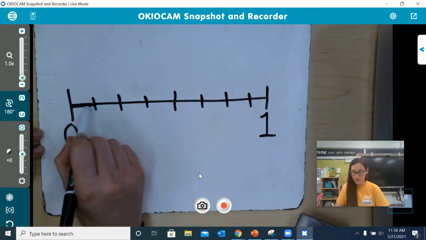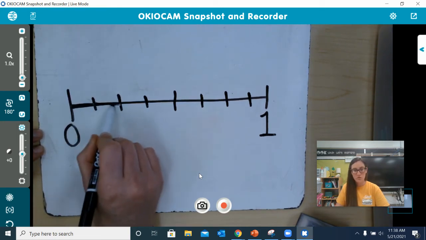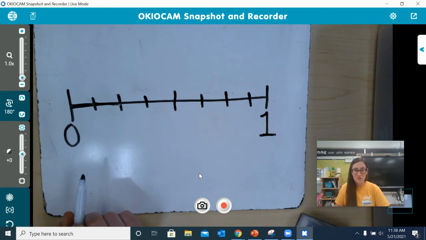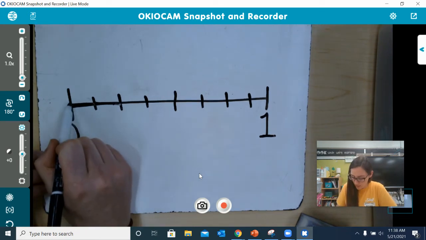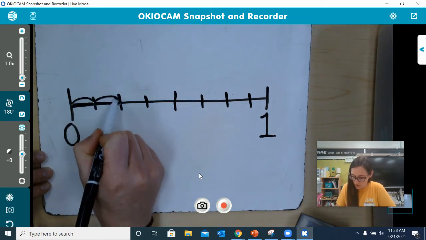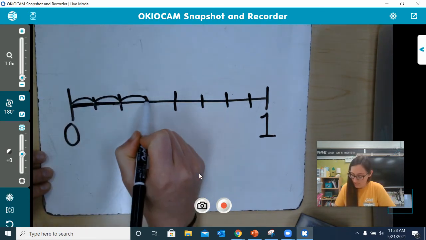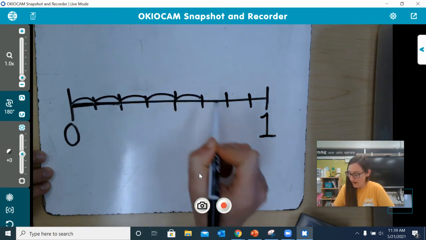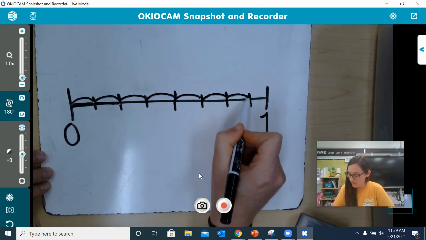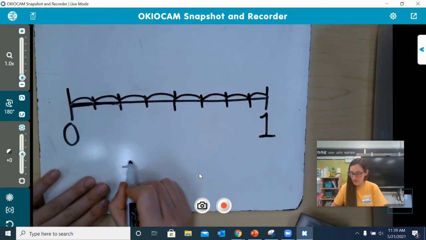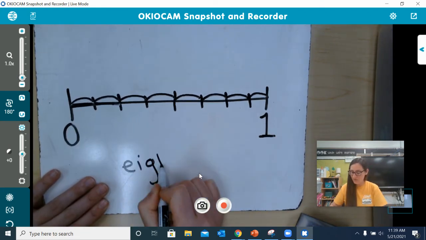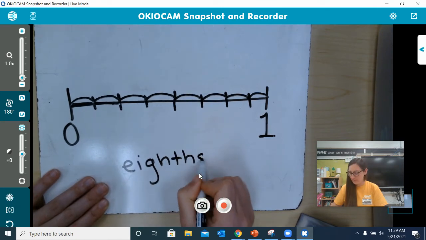So this is 1 part, 2 parts. How many parts do I have total? Let's see if you got it. There's 1 part, 2, 3, 4, 5, 6, 7, 8. I have 8 different parts. So that means I split this up into eighths.